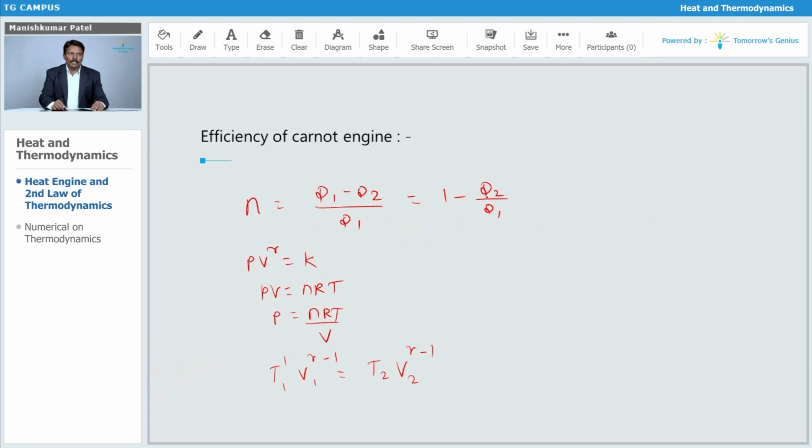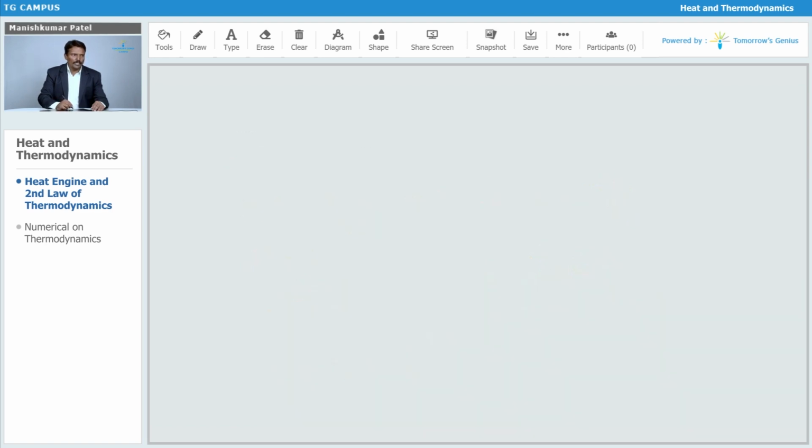For Q2 and Q1, put the corresponding values and simplify. Finally we get 1 minus T2 upon T1. So the efficiency can be written in terms of T2 and T1 as 1 minus T2 upon T1. That is how we can write it down.